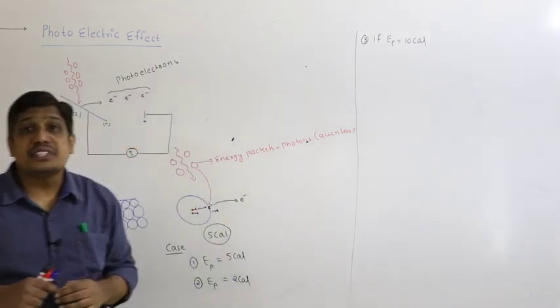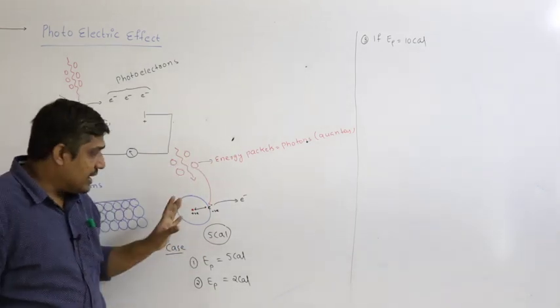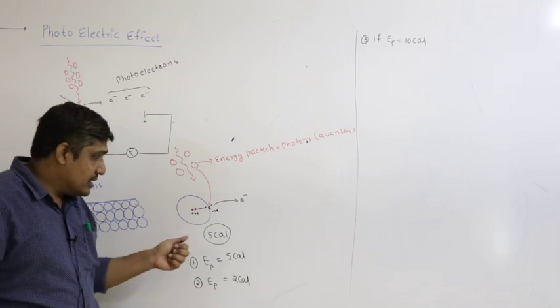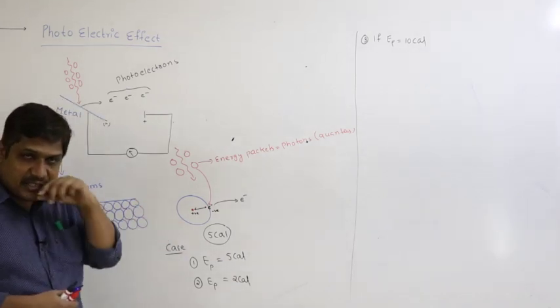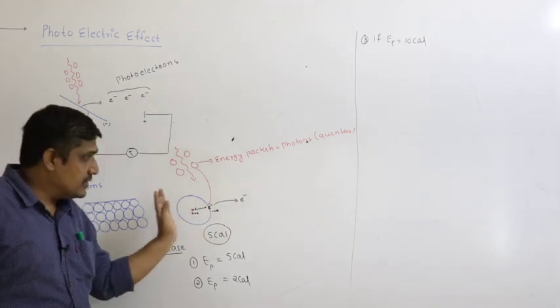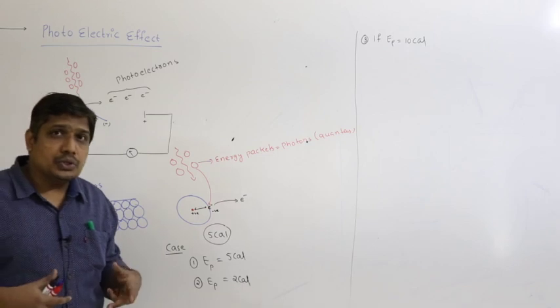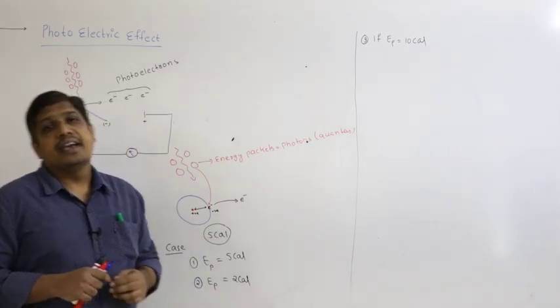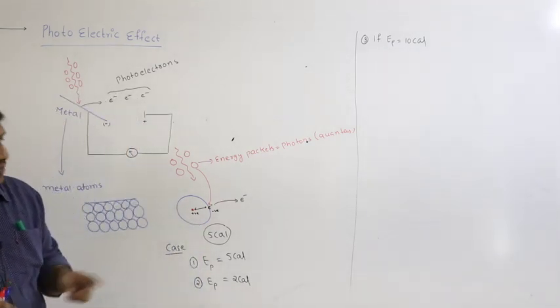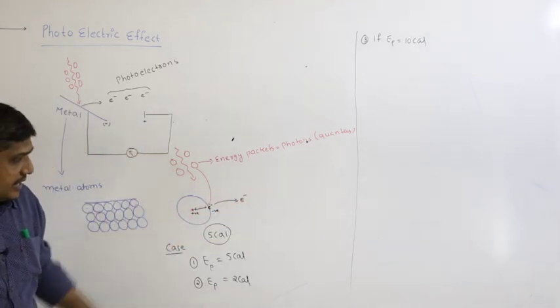Is this 10 calories sufficient enough? Yes. It is greater than 5. So the electron will gain 10 calories. Some part of this 10 calories, that is 5 calories, will be used to overcome nuclear attraction. It will come out. The extra 5 calories will be utilized to increase its kinetic energy.